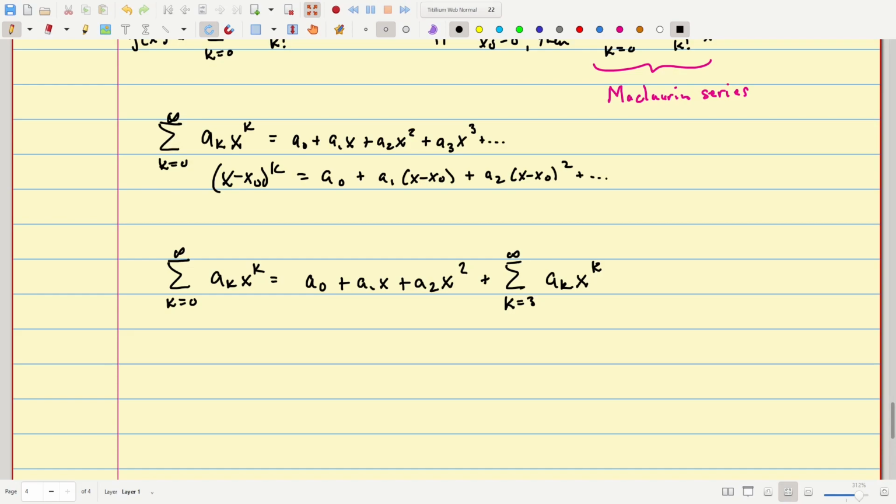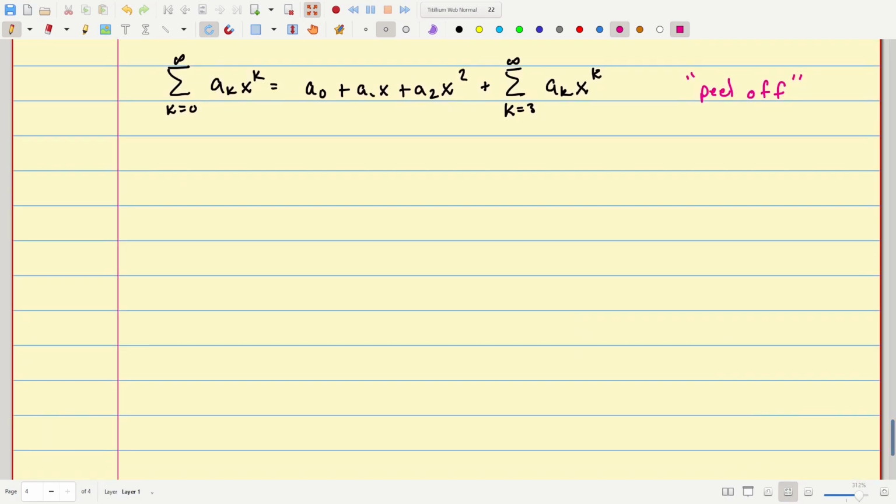And for some of the problems we're going to look at, it may be necessary to do that. When I refer to this, I'm generally going to use the phrase peeling off terms. Part of our problem solving technique for this chapter is going to involve manipulating series in this way in order to get these different types of results.